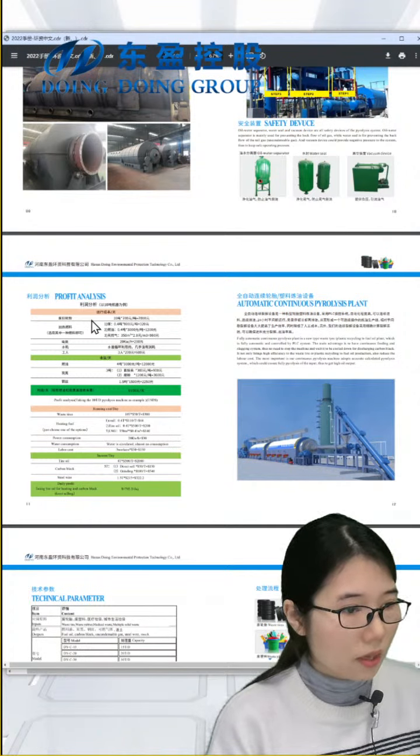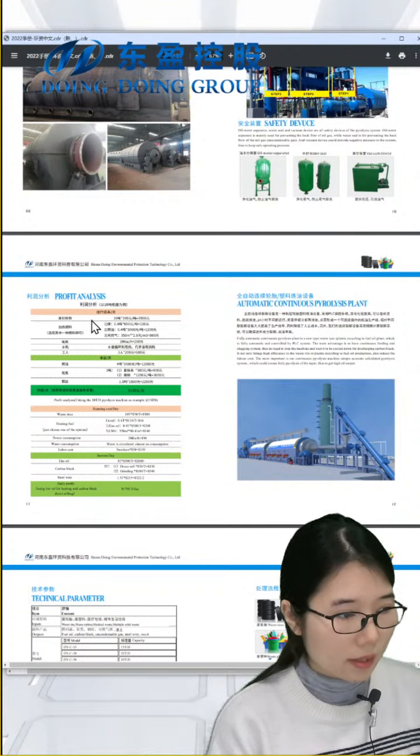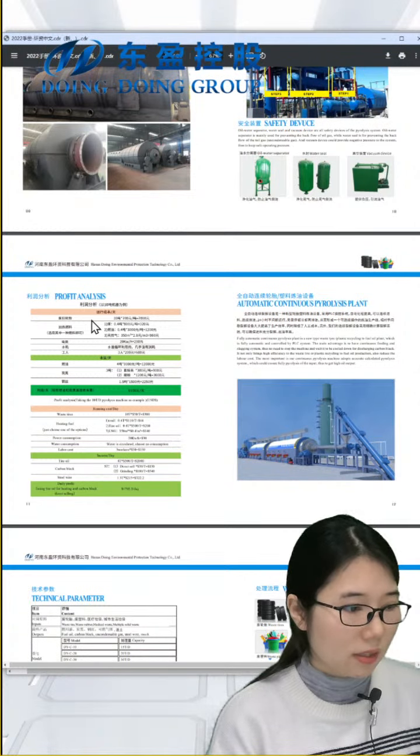So almost there will be about 2,000 US dollars per day. So we can see there will be a very big unit profit if you do this pyrolysis project.